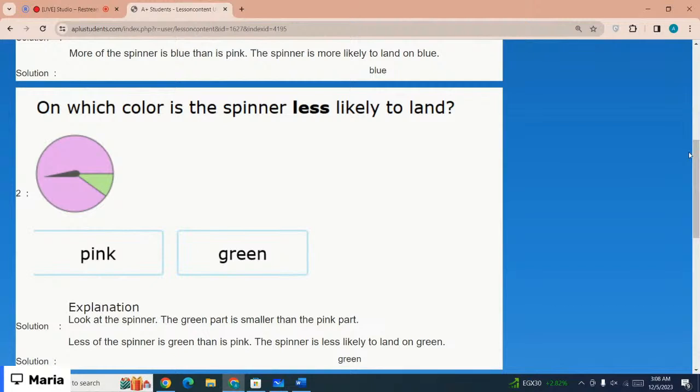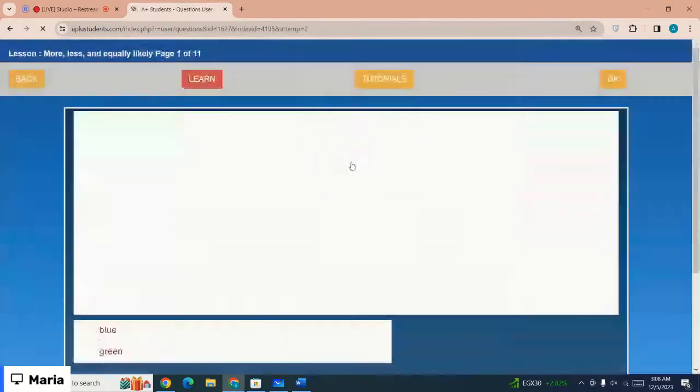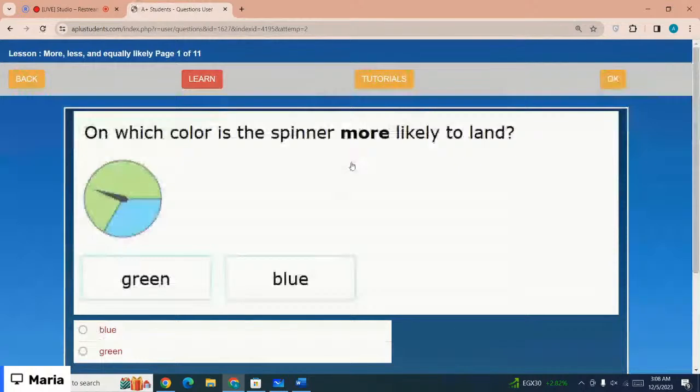Let's just start with the test questions. On which color is the spinner more likely to land? The green or blue? Which is the correct option? Okay, you can see the spinner has two colors, green and blue.